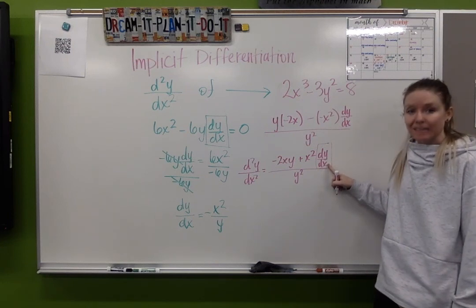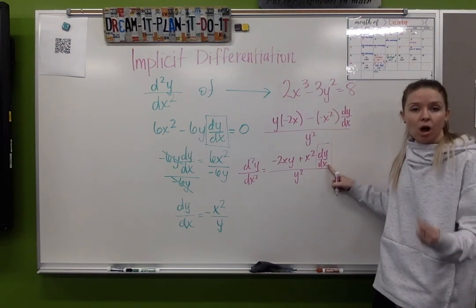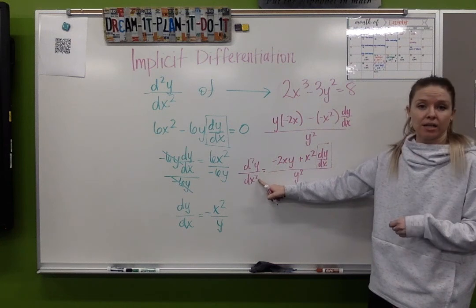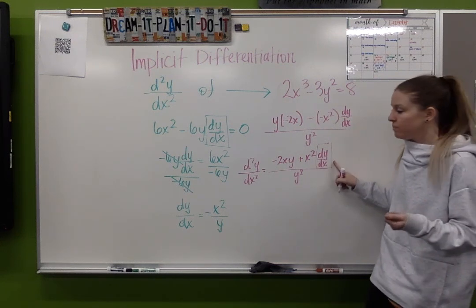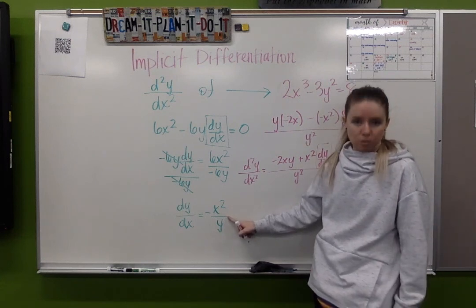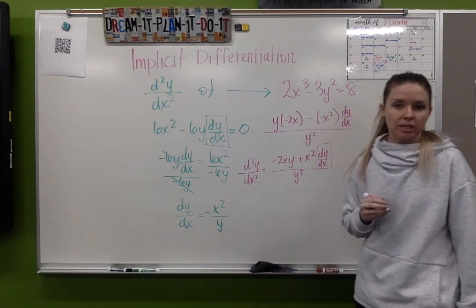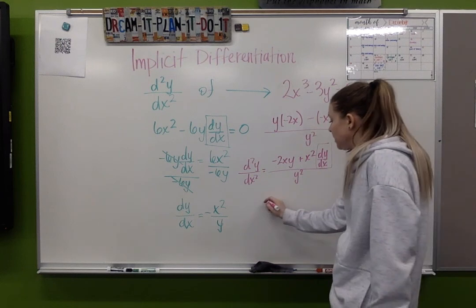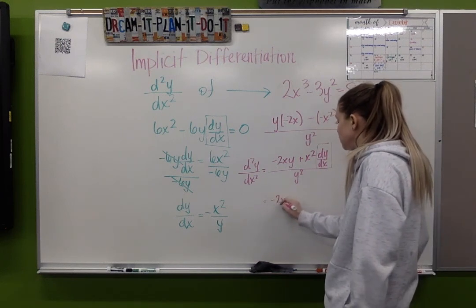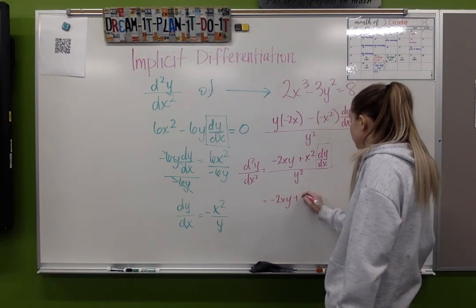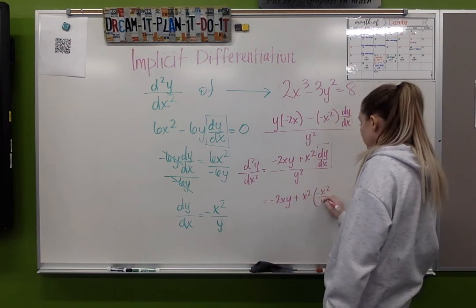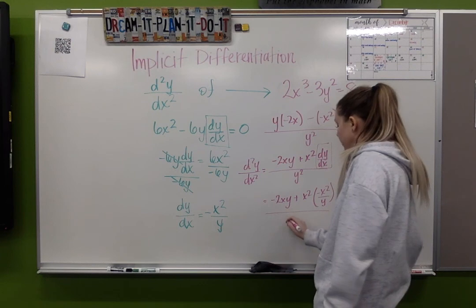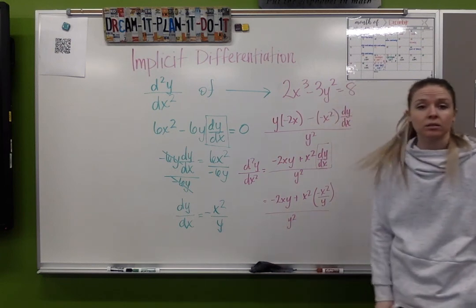We're not going to isolate it like we did before because we're not solving for dy dx, we're solving for our second derivative. But we do know what dy dx equals. dy dx equals our negative x squared over y. So we're going to substitute that back in. This becomes negative 2xy plus x squared times negative x squared over y, all over y squared.